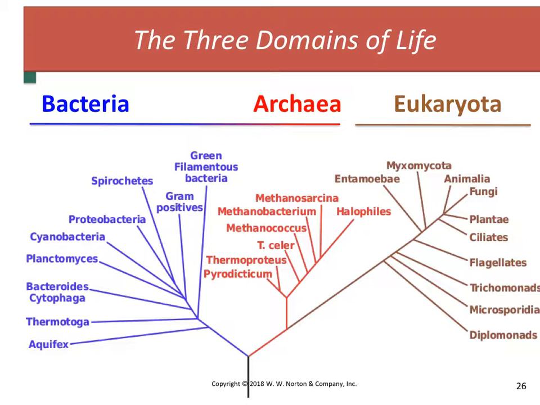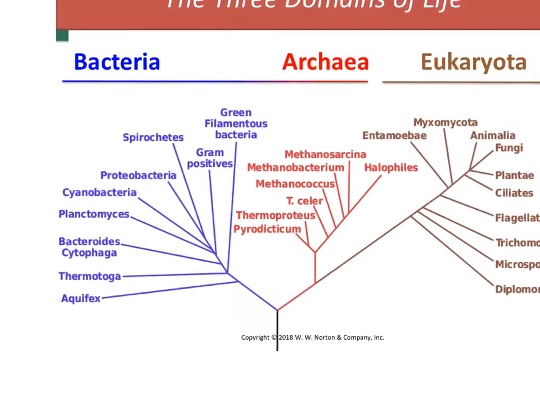There were protists, eukaryotic cells that did have a nucleus, but single-celled. And then there were plants, animals, and fungi. Okay? That's all gone.